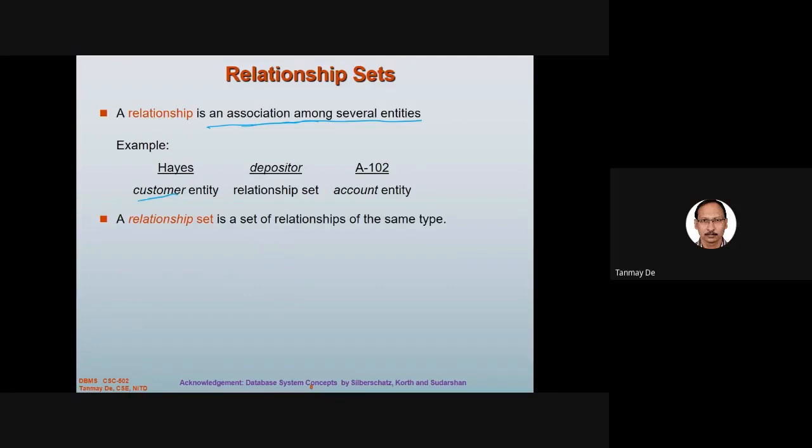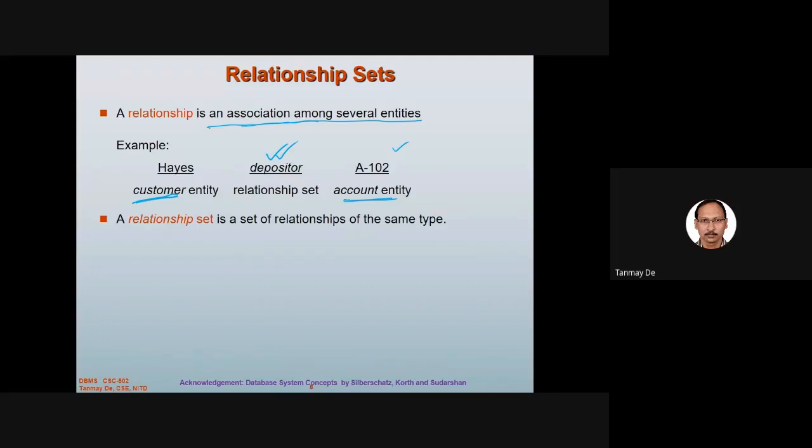Hayes, this customer entity, as well as the account entity, is associated via the relationship set. What is the name of the relationship set? Depositor. So these two entity sets, the customer entity and the account entity, are associated with the help of a relationship.